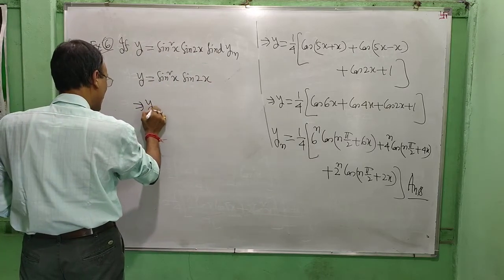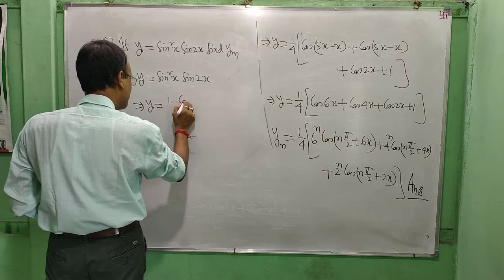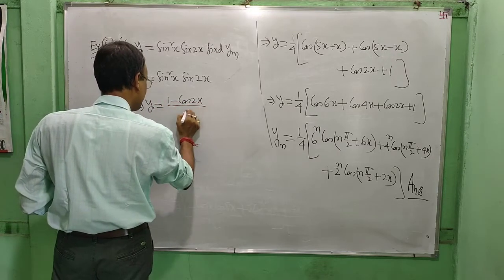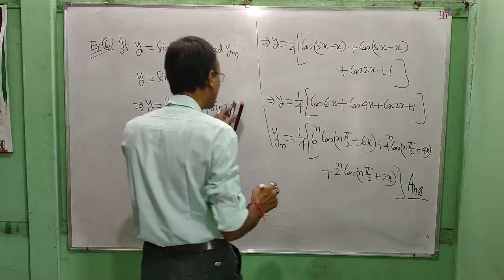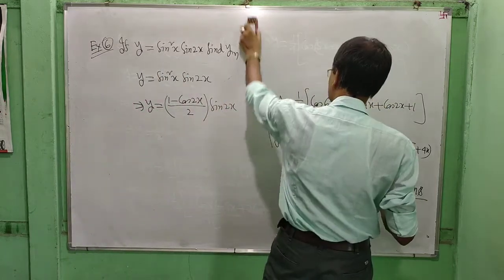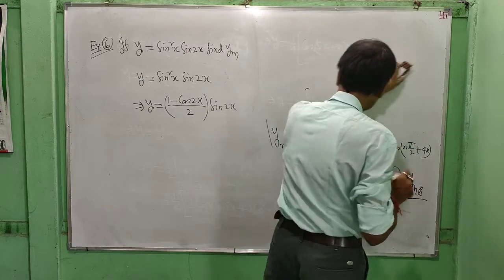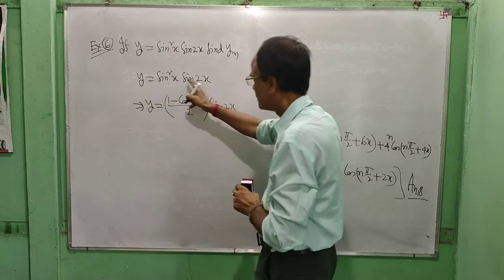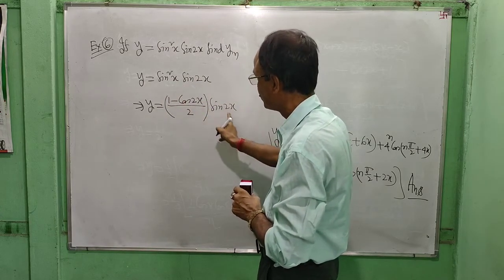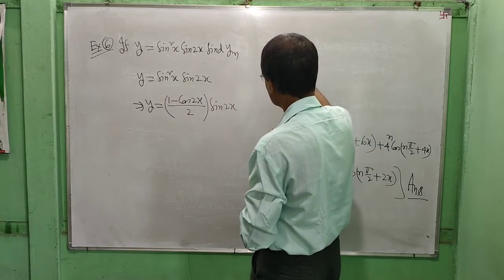This means y is equal to (1 - cos 2x)/2 times sin 2x.